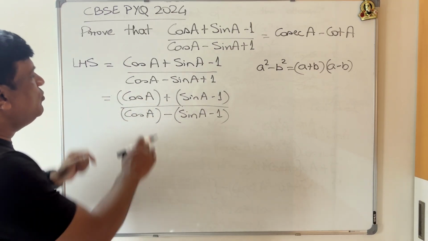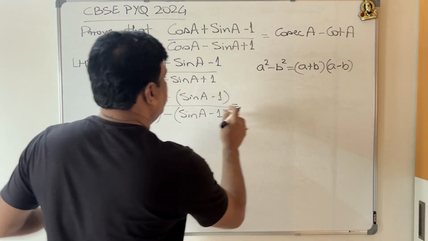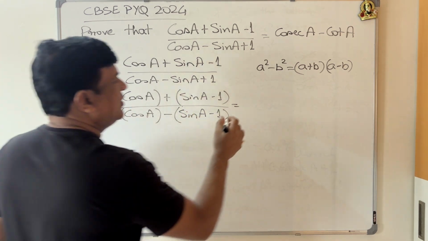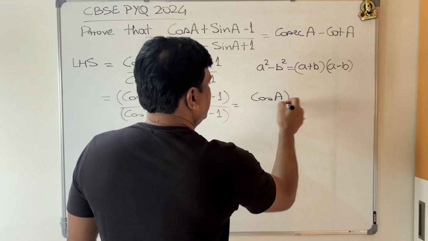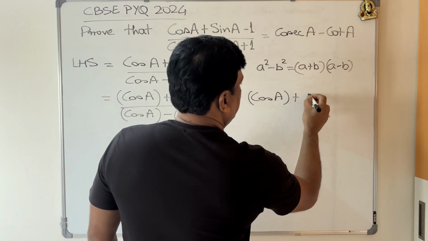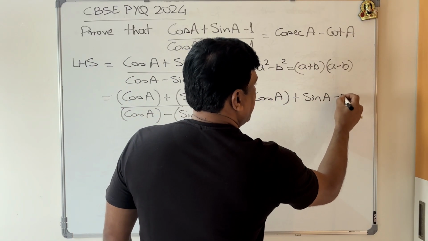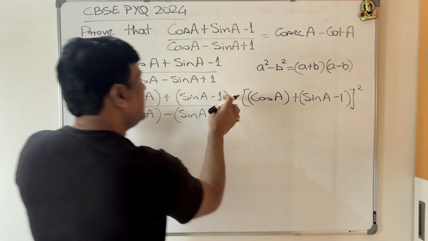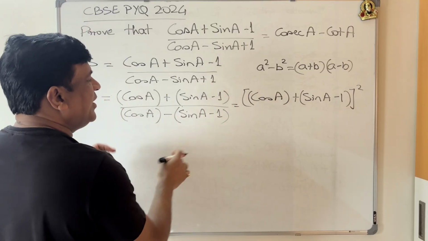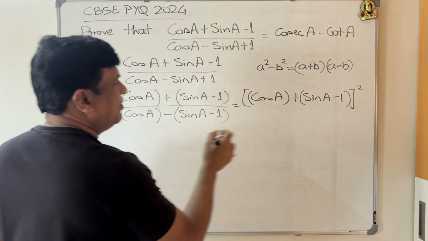So what am I going to do? I'm going to multiply both of them with the numerator again. So look at it. This becomes cos A plus sin A minus 1 whole square, because I am multiplying this one in the numerator, I am going to multiply that one in the denominator.